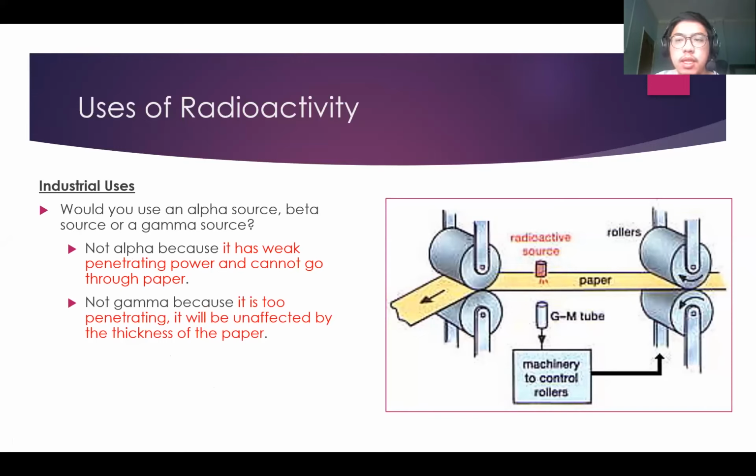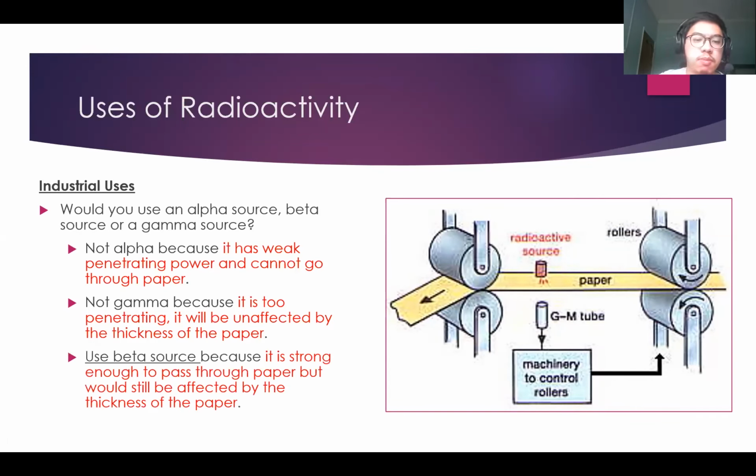No matter what the thickness of the paper or the metal sheet being produced, it will be unaffected by the thickness. Whether it's thinner or thicker, it will just pass through and the system cannot detect that. For this specific purpose, we use a beta source because it is strong enough to pass through, but would still be affected by the thickness of the paper.